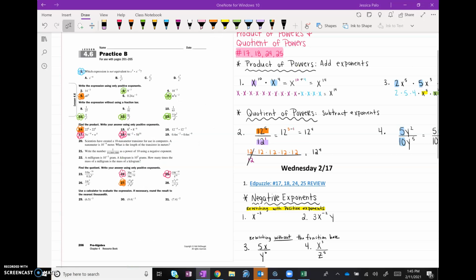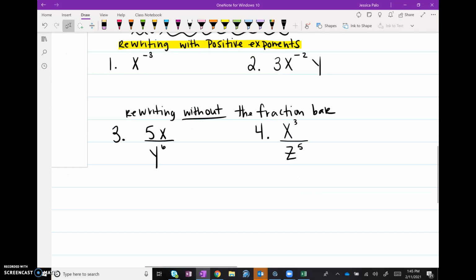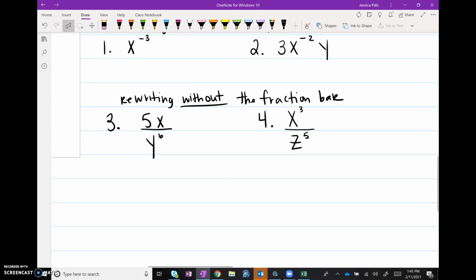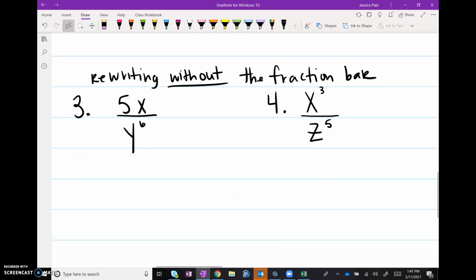Now let's move on to our second set of negative exponent rules. We can also rewrite expressions without a fraction bar. Our first example is 5x over y to the 6th power.